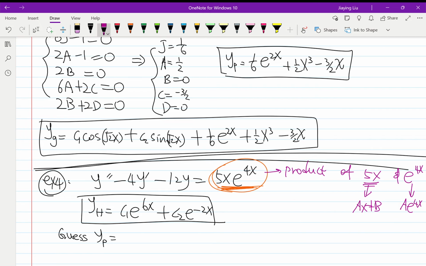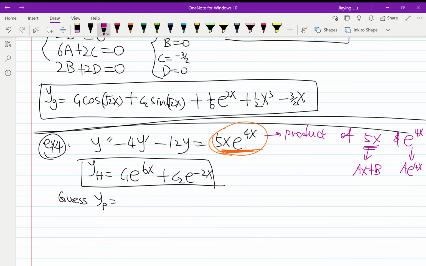Obviously, I'm using a again. We don't have to use a. We can use c or b, it doesn't matter. So we're going to have to take those two particular solutions and multiply them together to be the guess. So that will be ax plus b times, oh not a, I'm going to have to use c, e to the 4x. So that will be the guess, the product of the corresponding particular solutions.